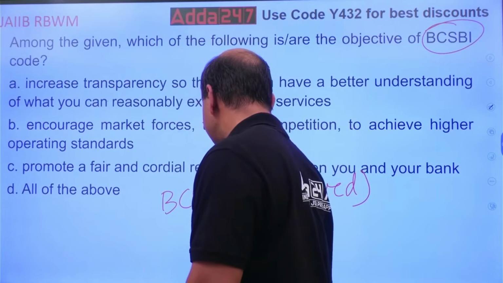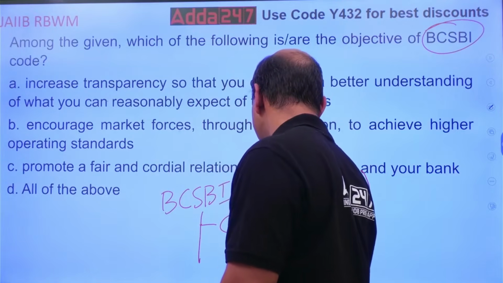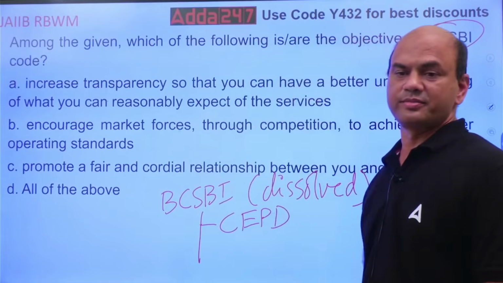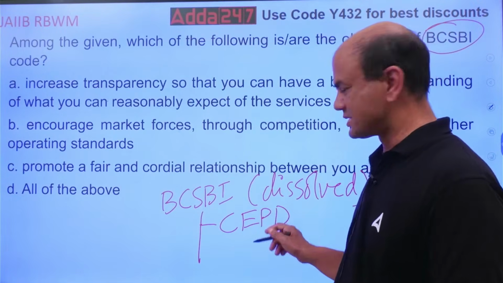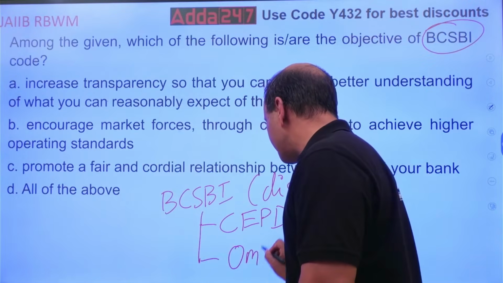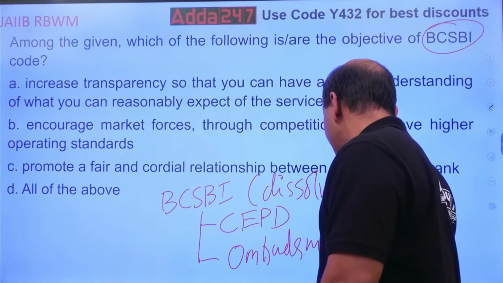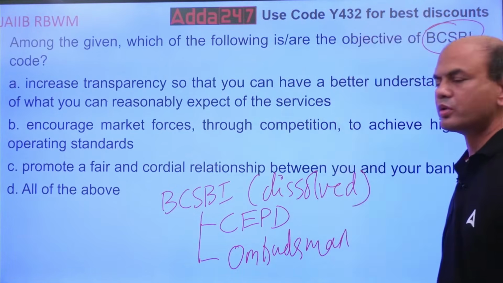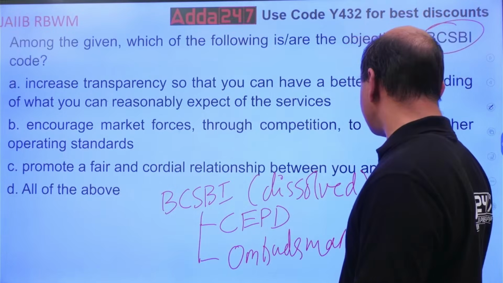CEPD, the Customer Education and Protection Department, and the second one is the Ombudsman. CEPD and Ombudsman. These two have taken over the role of BCSBI. So that's why this is gone now.